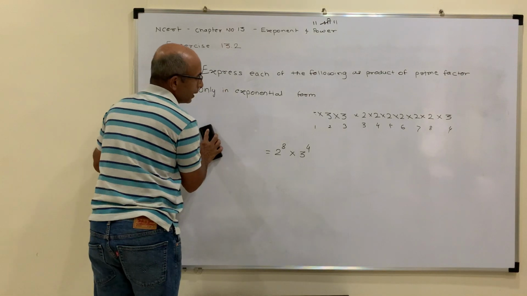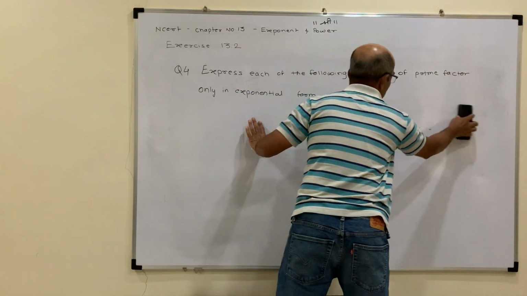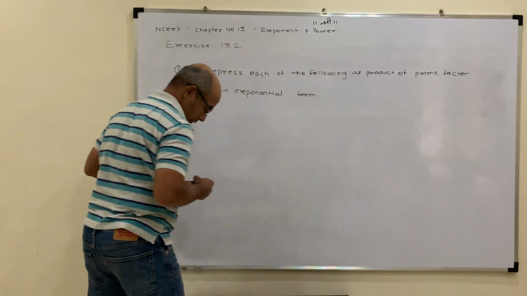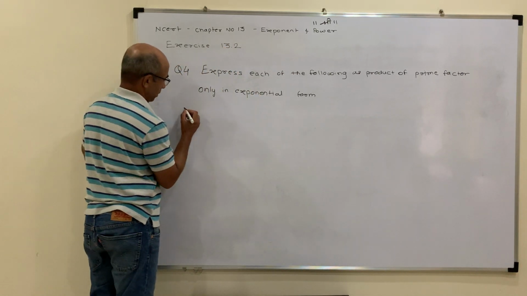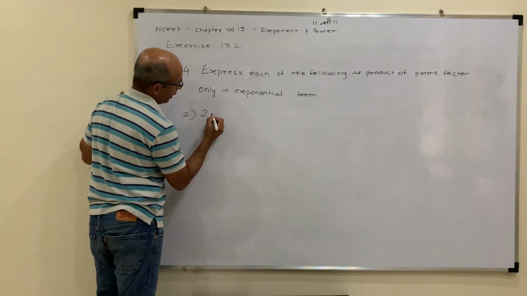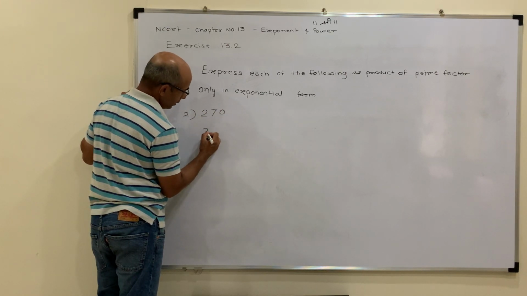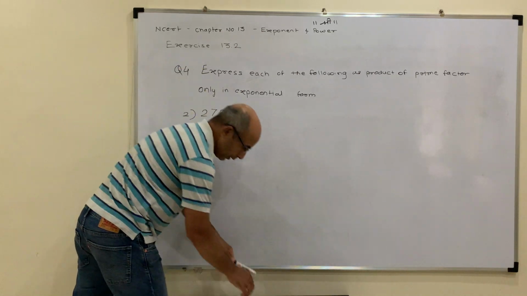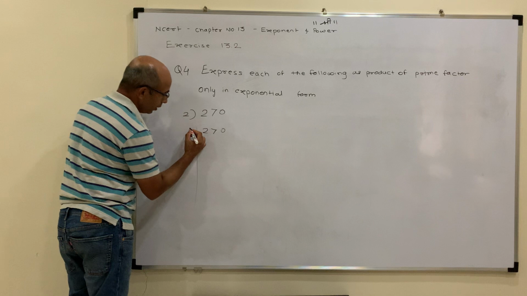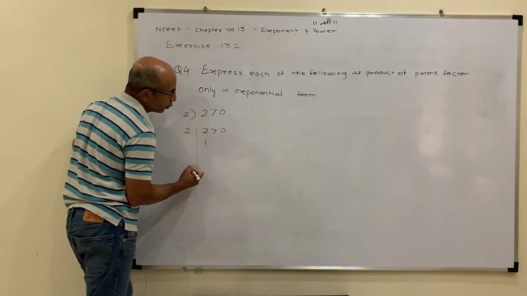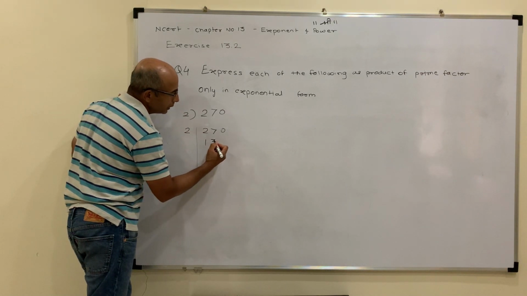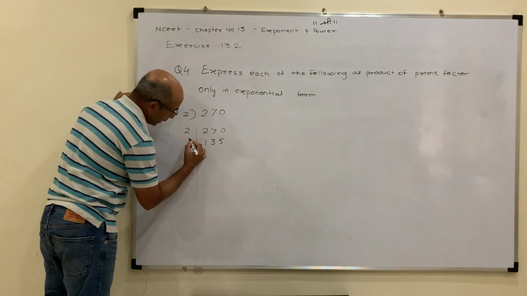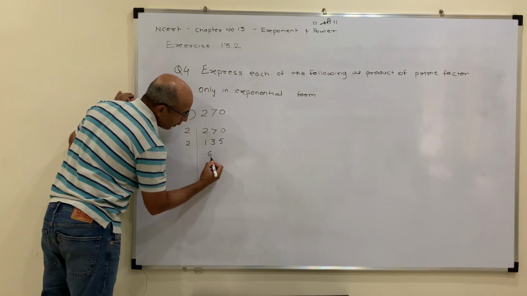Second number is 270. So again apply the prime factor method. 2 1s are 2, 2 3s are 6, 2 5s are 10, then again 2 6s are 12.